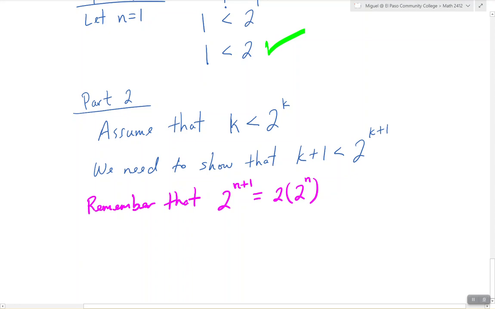Does that part make sense too, right? So this is like 2 to the 1 times 2 to the n, you add the exponents. So it's just taking out one factor of 2, right? So instead of n plus 1, we would have n. And also remember that when you double something, it's like adding it twice, right? So 2 times 2 to the n is the same as 2 to the n plus 2 to the n. That's also an equivalent statement.